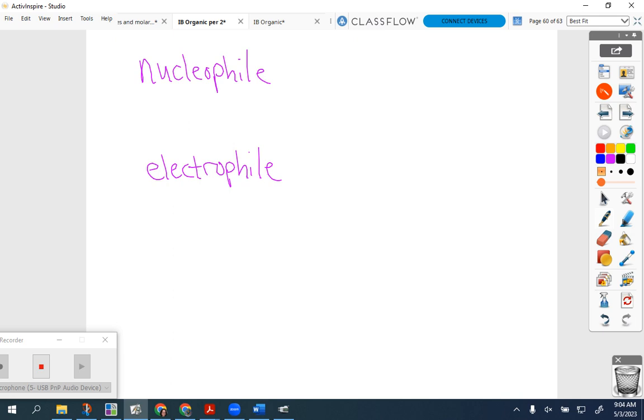So the root word phil means love. So a nucleophile is something that loves or is looking for a nucleus. All right, this is something that has extra electrons. Maybe not extra. It doesn't have to be an ion. It often is an ion, but it doesn't necessarily have to be an ion.